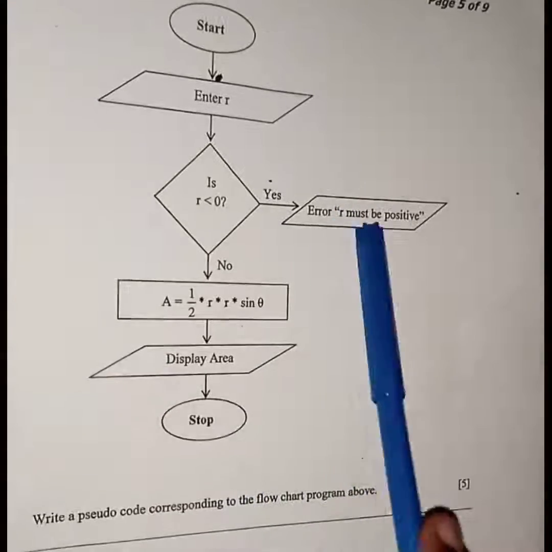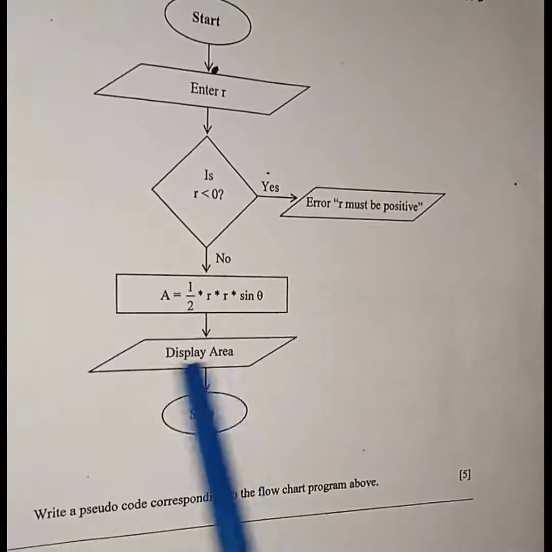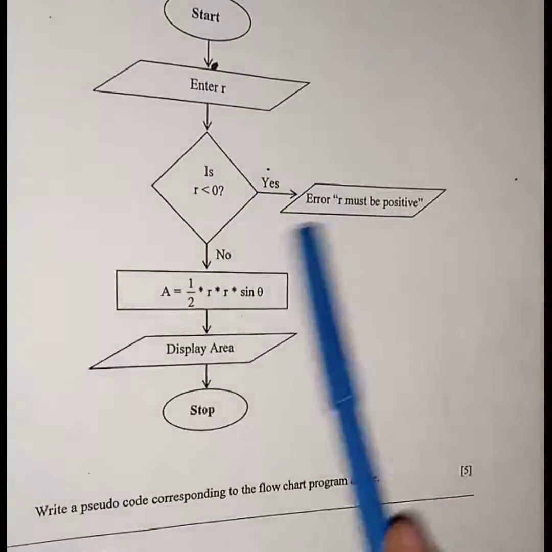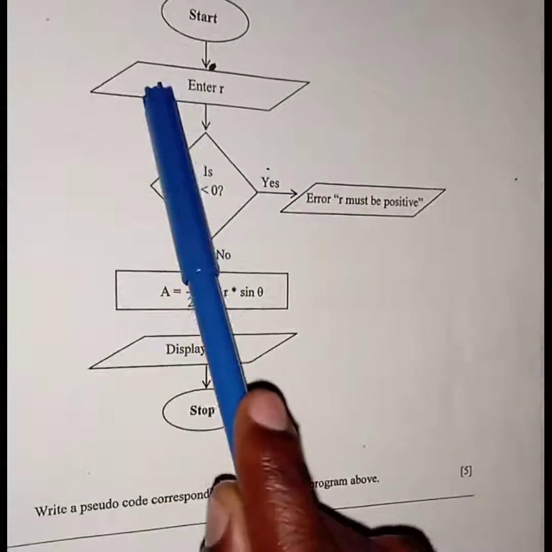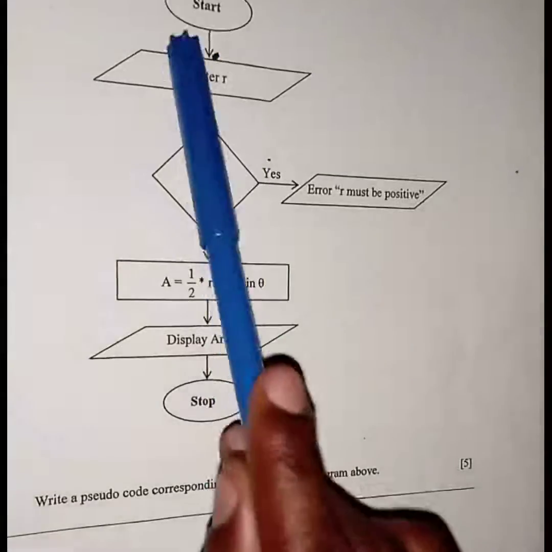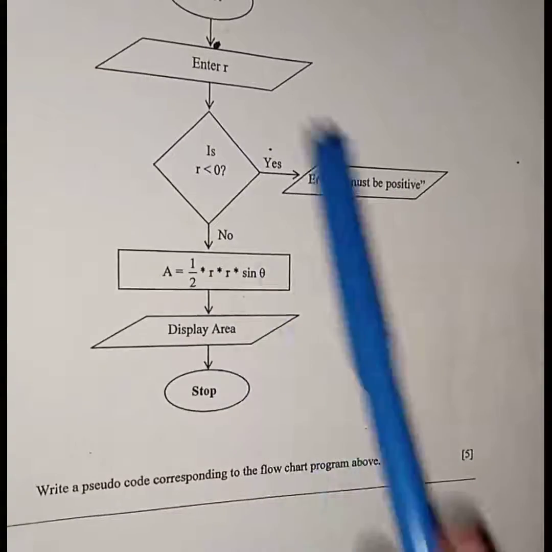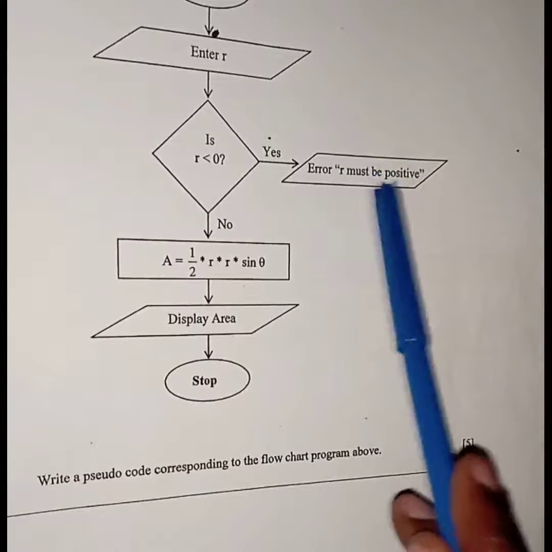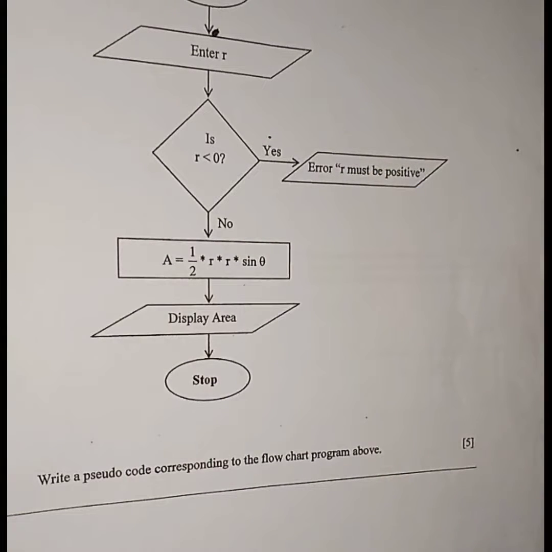See, display, also this one is display, even here is display. So these are the shapes representing input or output. Input, output, enter, display. So this is what you're supposed to do.